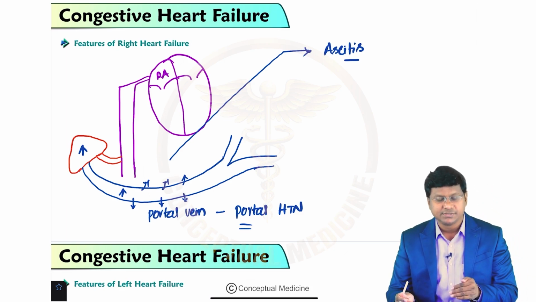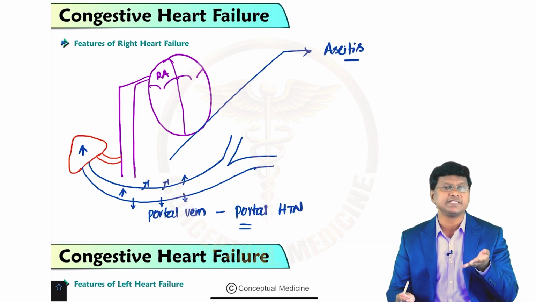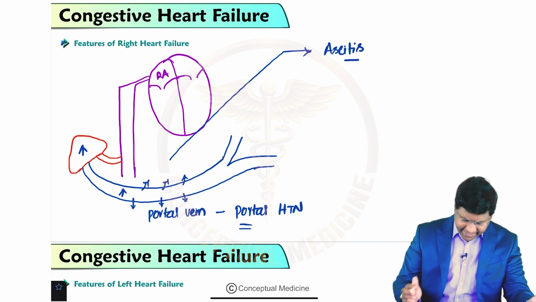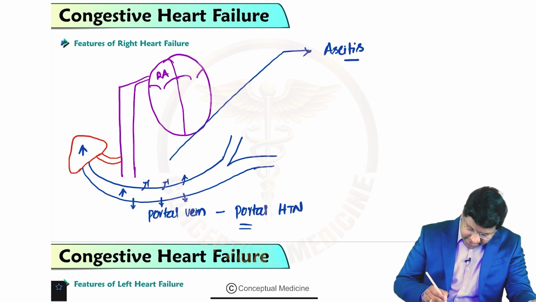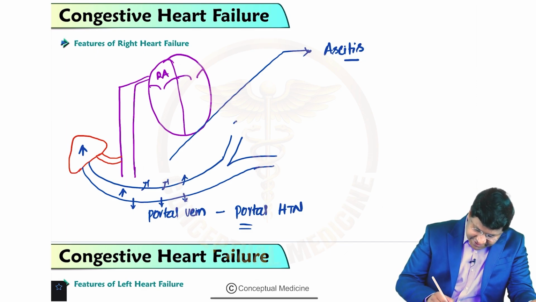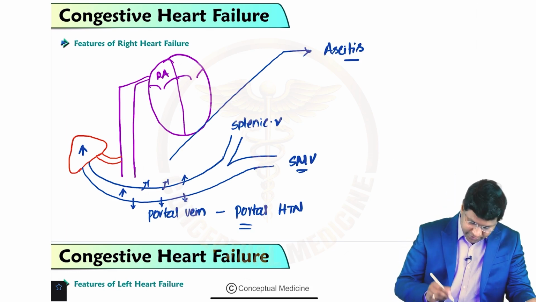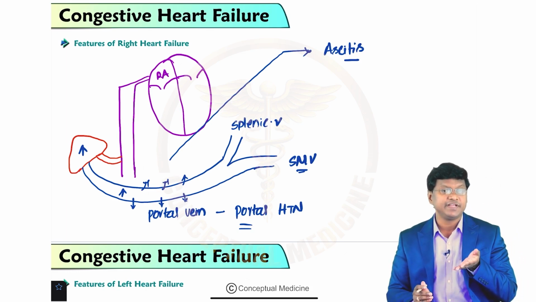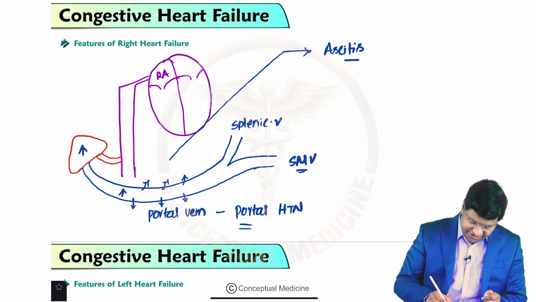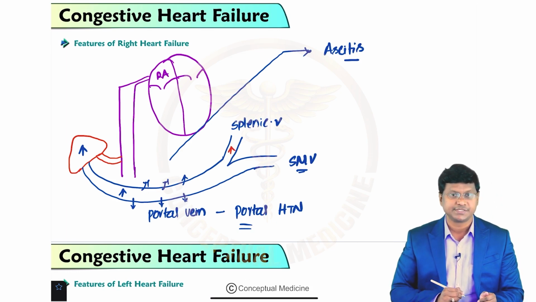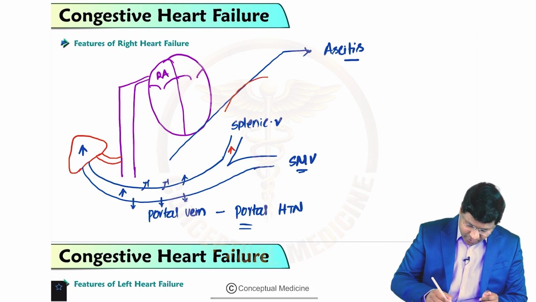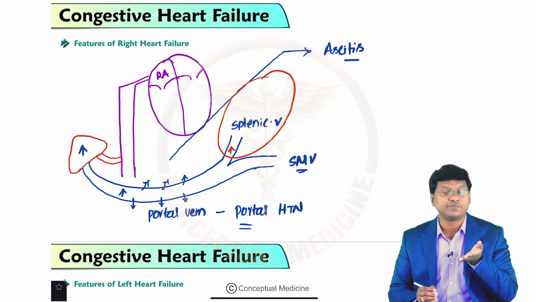So ascites is because of the increase in the portal venous pressure. And the portal vein, how is it formed? It is the splenic vein as well as the superior mesenteric vein which drain the blood into the portal vein. So as the portal venous pressure increases, the pressure within the splenic vein also increases, and subsequently what will happen to the size of the spleen?